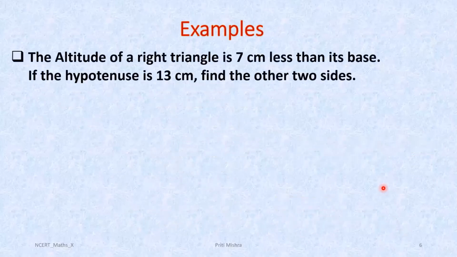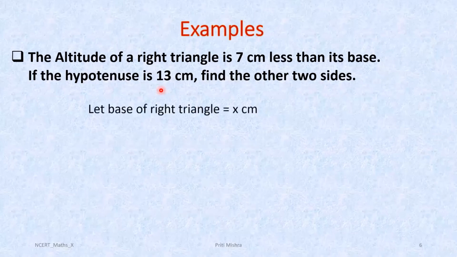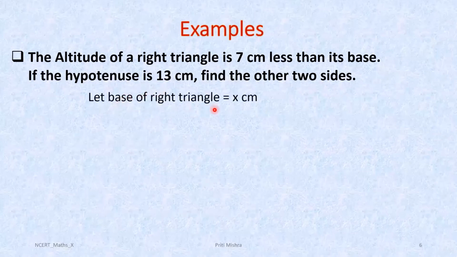Now let's have one more example. The altitude of a right triangle is 7 centimeter less than its base. If the hypotenuse is 13 centimeter, find the other two sides. So here we suppose the base of the right triangle is x centimeter, because they have given us the relation of altitude and base.